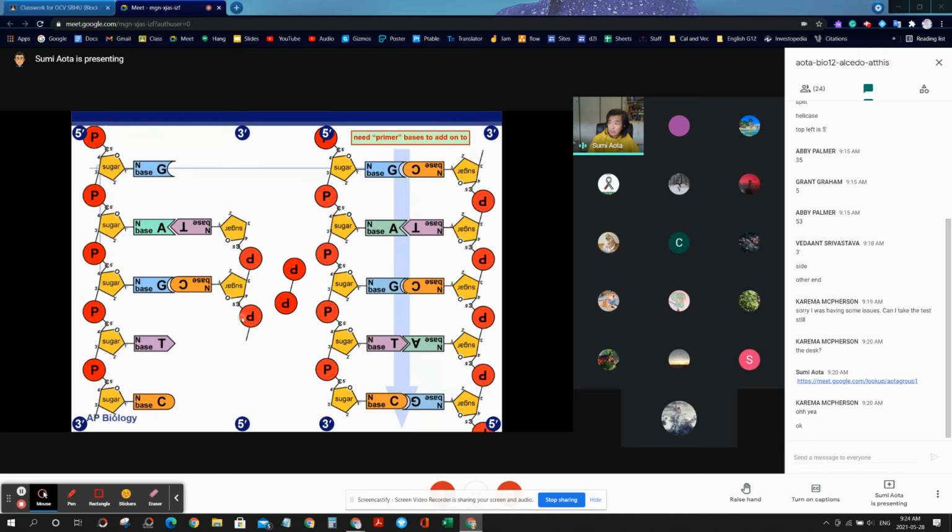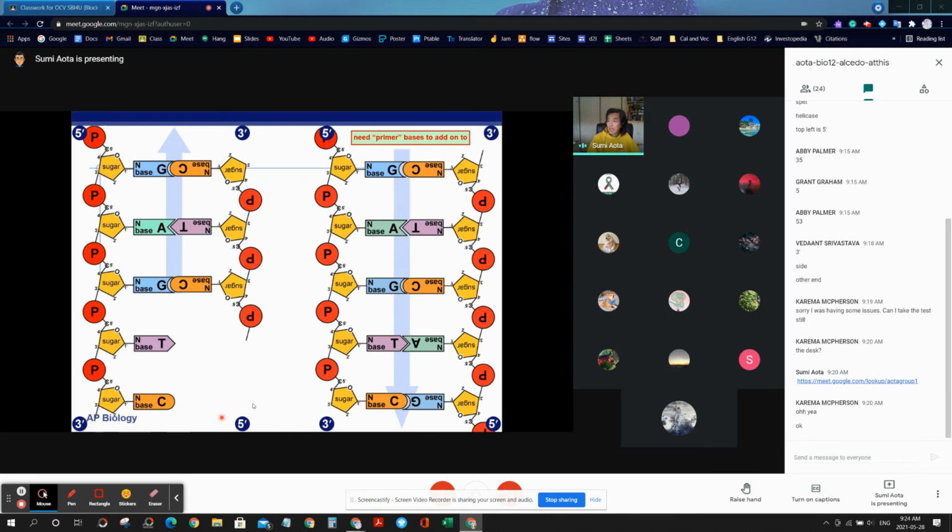We're going to have the system release energy and leave. Next one comes in. Energy is released. And they leave. Right? So one side, synthesis goes top down. The other side, it goes bottom up.